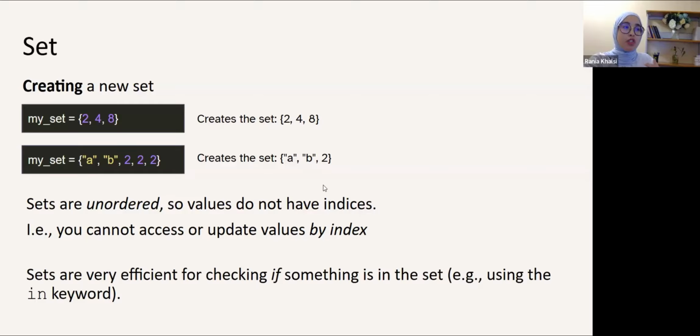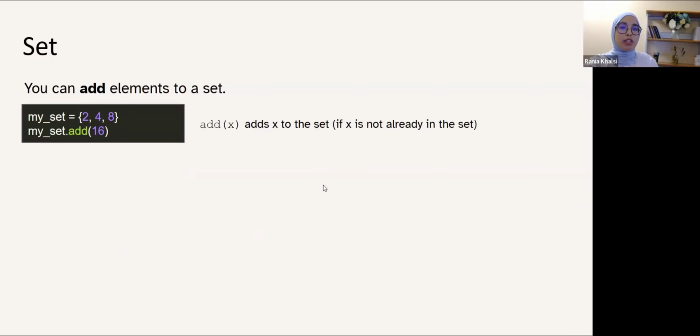Sets are very efficient for checking if something is in the set, for example using the in keyword. Like in mathematics, if we have a group and we want to make sure whether some value belongs or not, we care about belonging, so we can just use sets in this case.